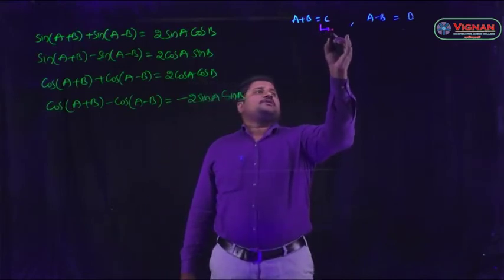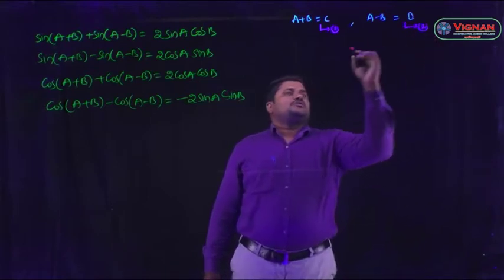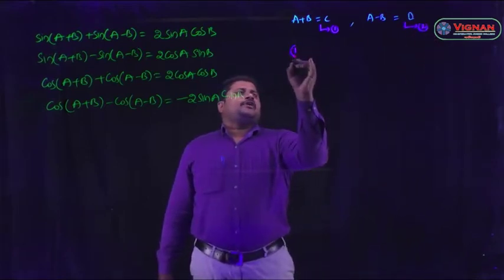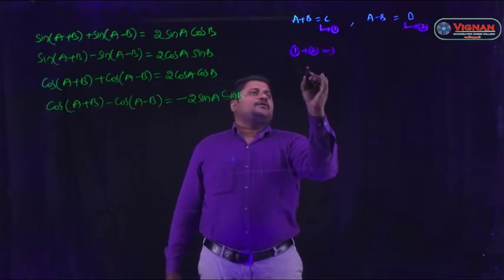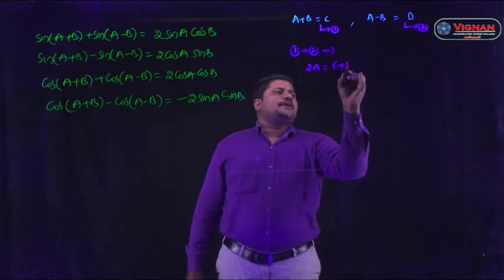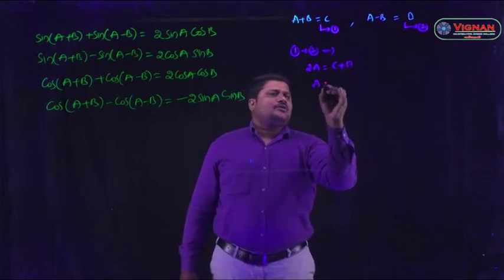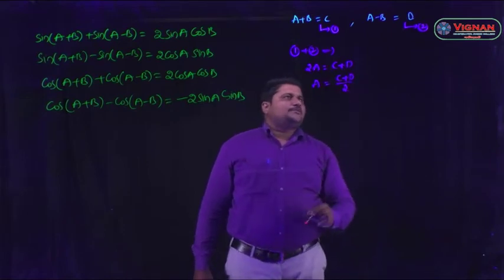This is number 1 and this is number 2. By adding 1 and 2, we get 2a equal to c plus d. Then a equal to c plus d by 2.